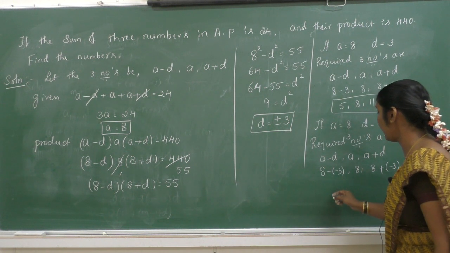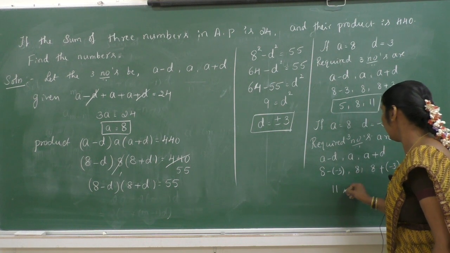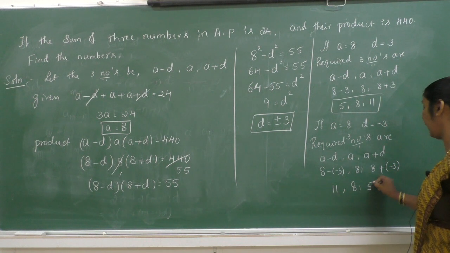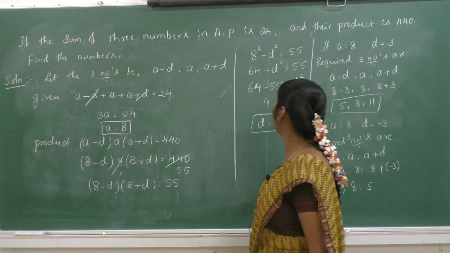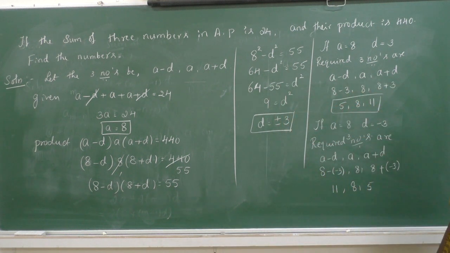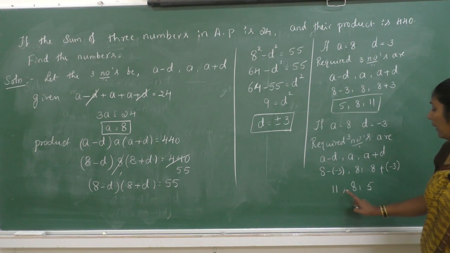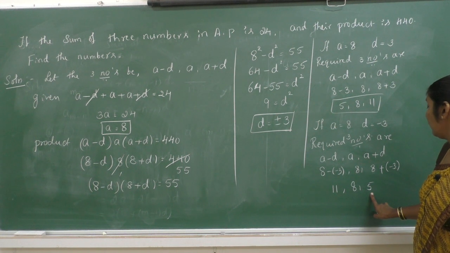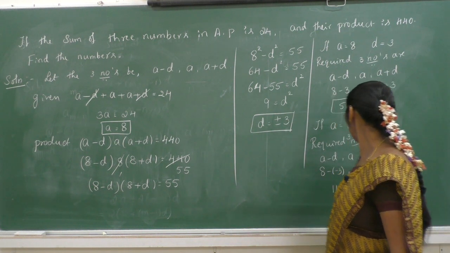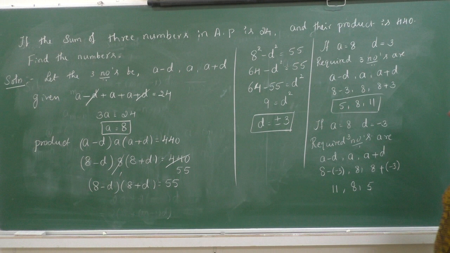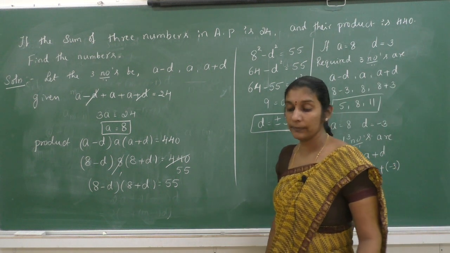So we get 8 minus of minus 3 is 11, 8 and 5 are the required 3 numbers whose sum is 24 and whose product is 440. The 3 numbers are 11, 8 and 5. Right? Hence the solution.